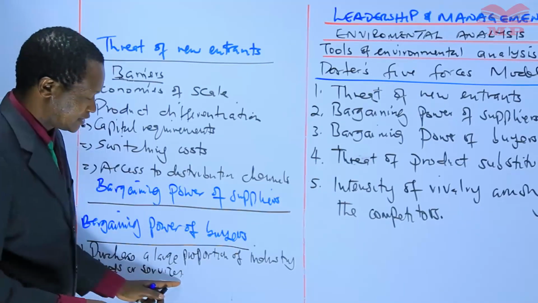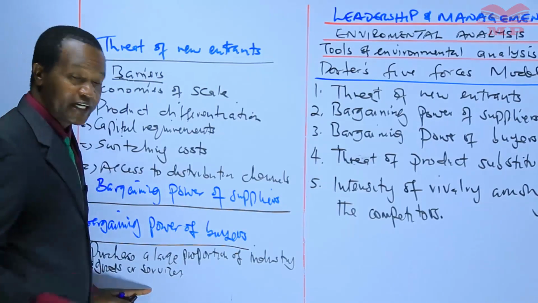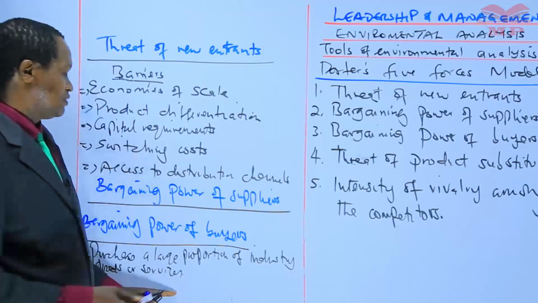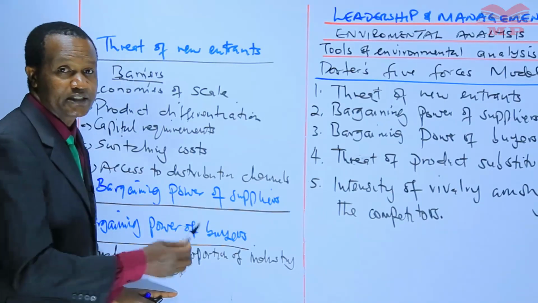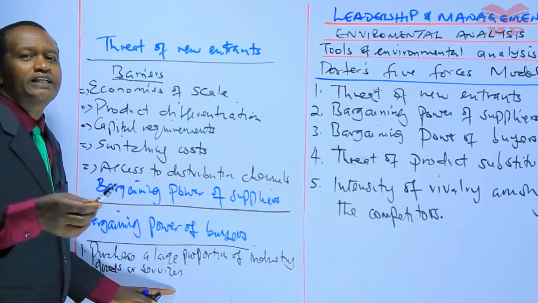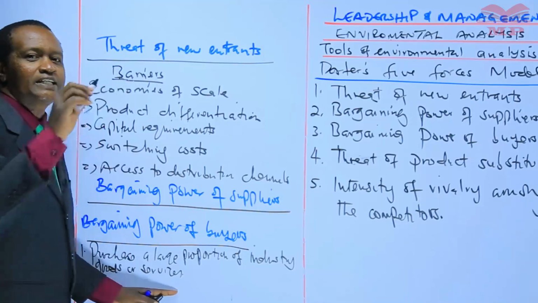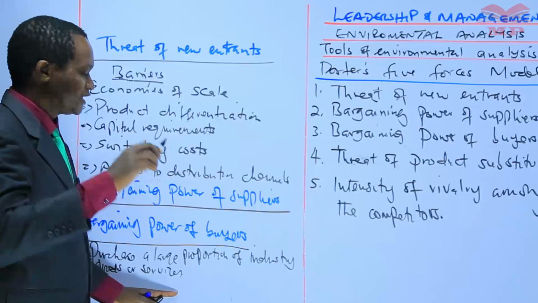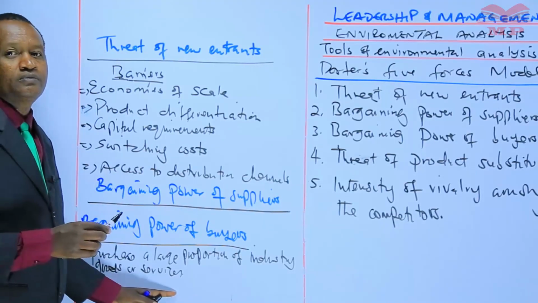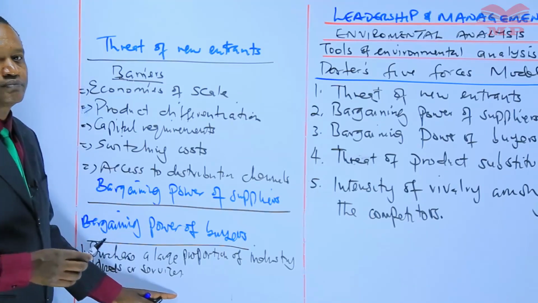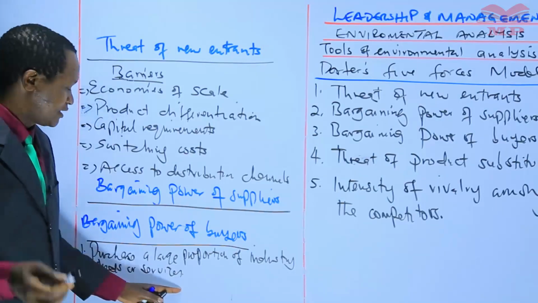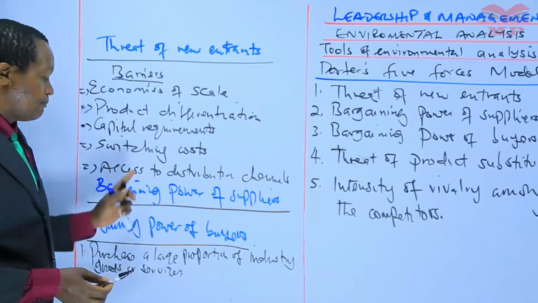But if the sellers of these products do not only rely on the 70% I've mentioned, then these buyers cannot have power over the sellers. If the sales of the product being purchased account for a significant portion of the seller's annual return or revenue, that is when the buyers can have power. So we are discussing the conditions or the factors that can make buyers have bargaining power.